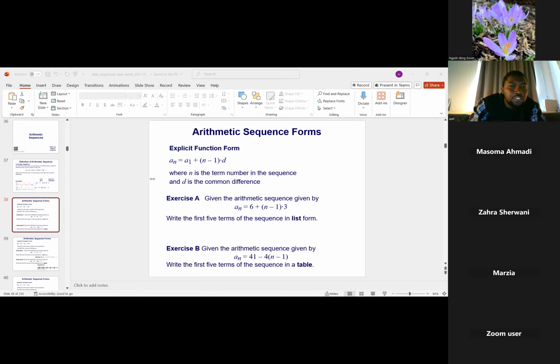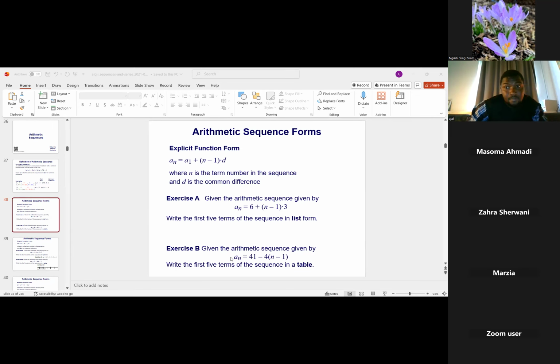Ahmadi, could you check A1? Which term becomes A1? You said A1 is 37. You should see the first term in the formula.